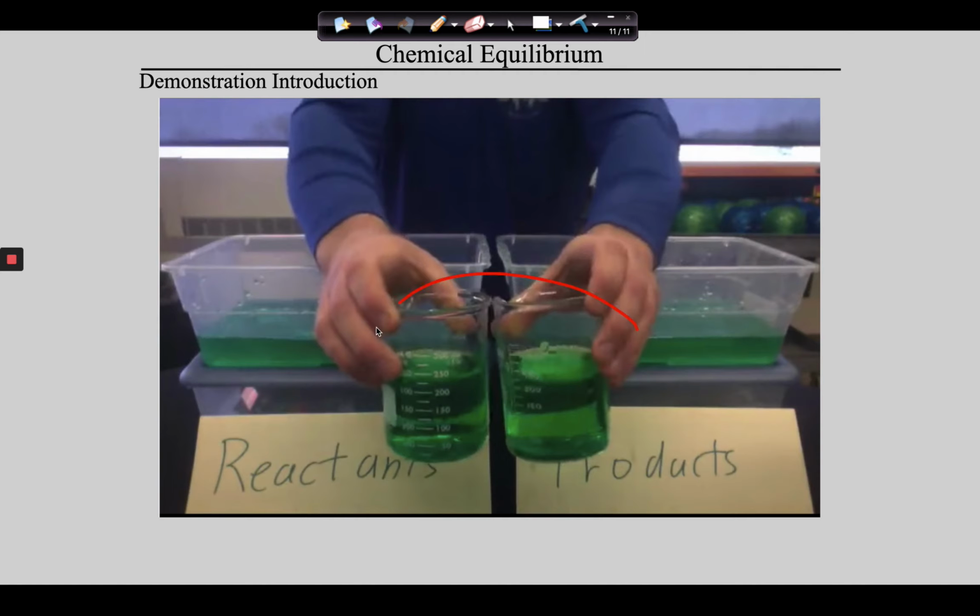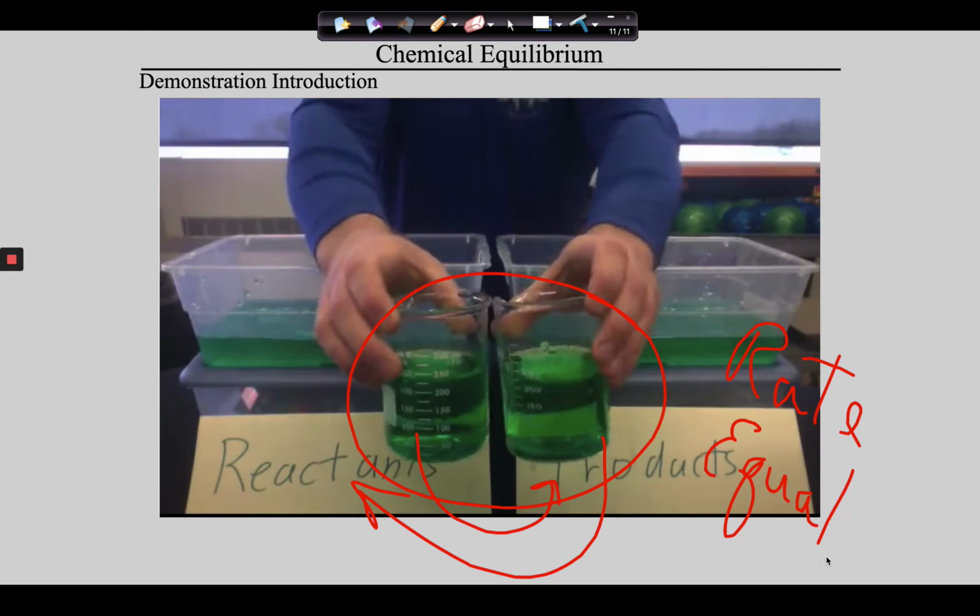You'll notice we've got the volumes of water in these beakers, and this represents the rate of the reaction. The amount moving forward is equal to the amount moving backwards. And so the forward and reverse rates are equal. And that's the definition of equilibrium.